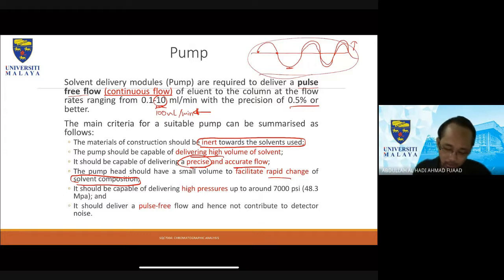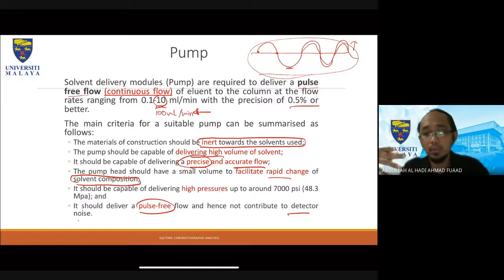So, delivery pulse: it should deliver a pulse-free flow, hence not contributing to detector noise. We call it detector noise because it affects your sample reading.